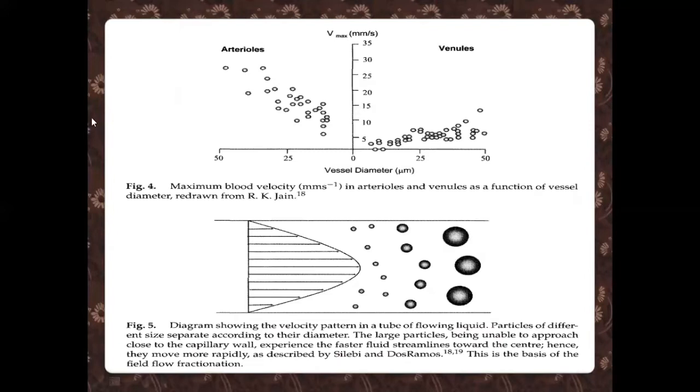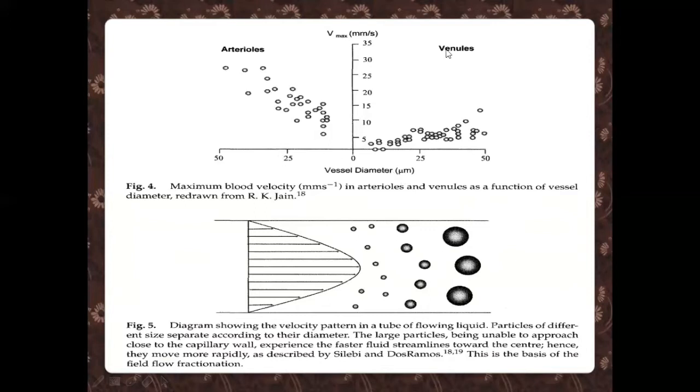Here you can see in this figure the maximum blood velocity given in millimeter per second. Vmax, the maximum velocity, is on the y-axis in millimeter per second, and on the x-axis we have taken the vessel diameter, the diameter of the blood vessel or any tube, in micrometer. This is the negative side of the diameter.